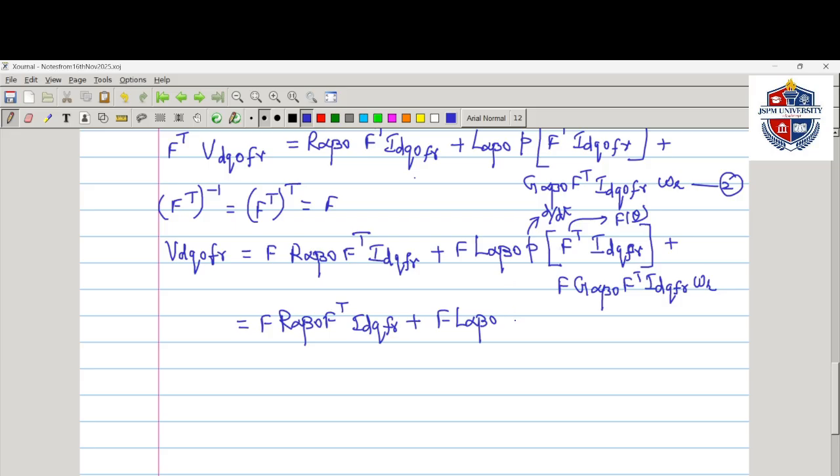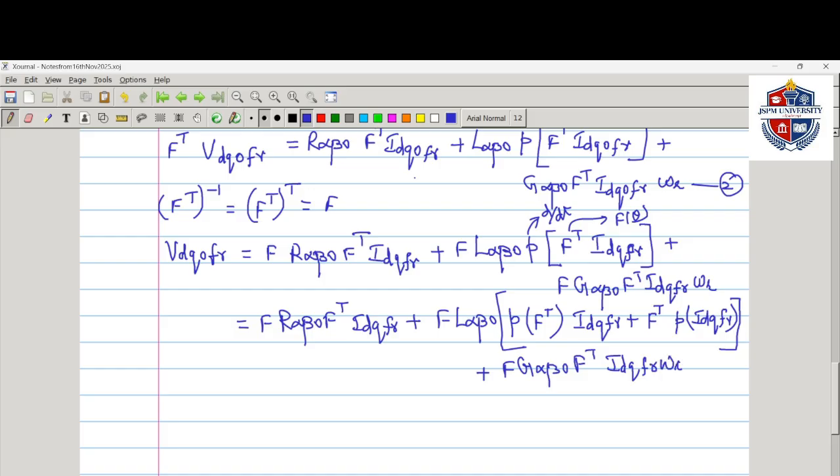First I will split this into UV form, that means P of F transpose into I dq fr, UV form. Then we are differentiating, plus F into G alpha beta 0 F transpose I dq fr into omega r.